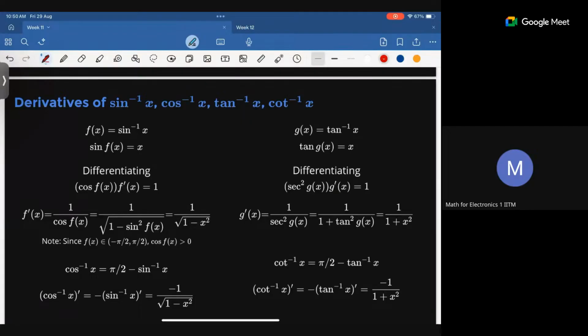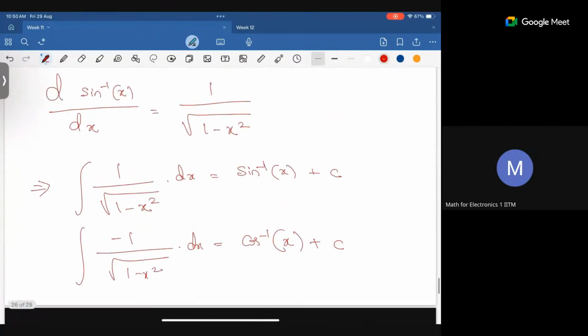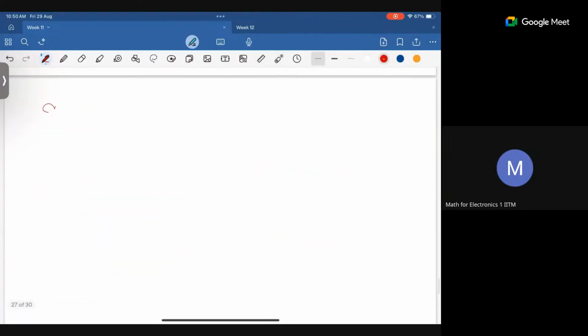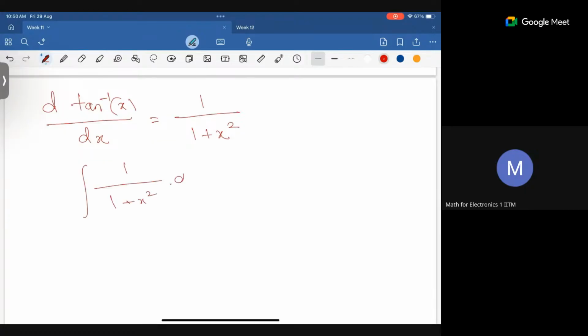So the derivative of tan inverse x is 1 by 1 plus x square, again, which implies that if I ask you for the integral of 1 by 1 plus x square dx, it is tan inverse x plus some constant.